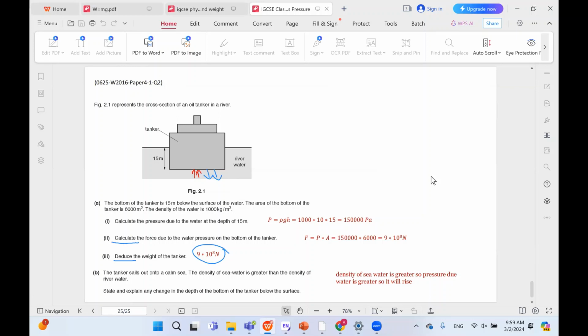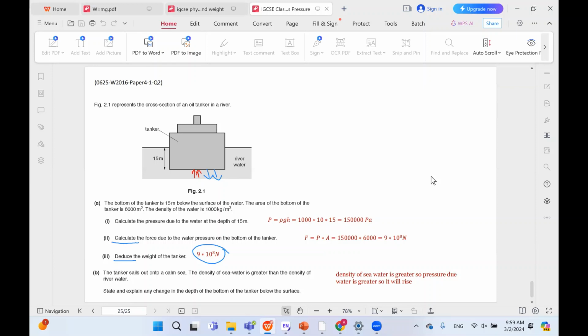In question B, we're told the tanker sails out onto a calm sea. The density of the seawater is greater than the density of the river water. So we're moving from the river to the sea, and we want to state and explain any change in the depth of the bottom of the tanker below the surface. So let's analyze this mathematically.